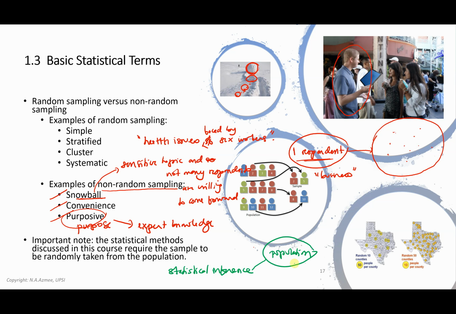You want to make decisions about this population by using a sample. Now, in order for this to be conducted properly, you have to understand that the sample required here must be random. So the sample here must be in this category and not this one.